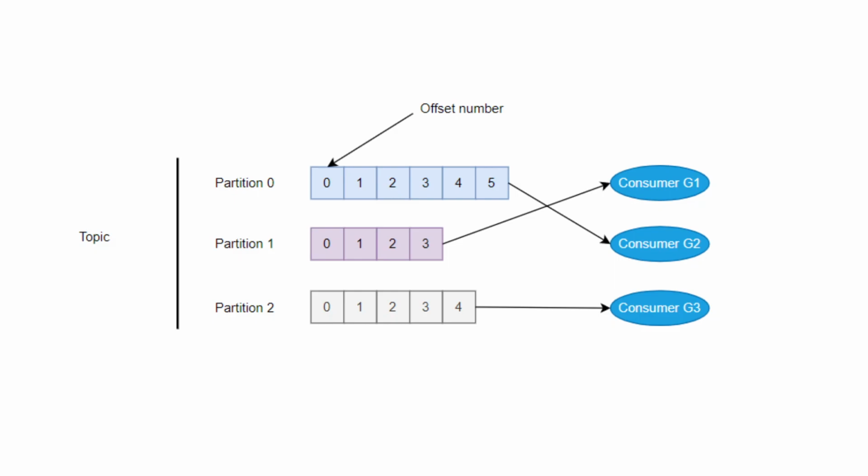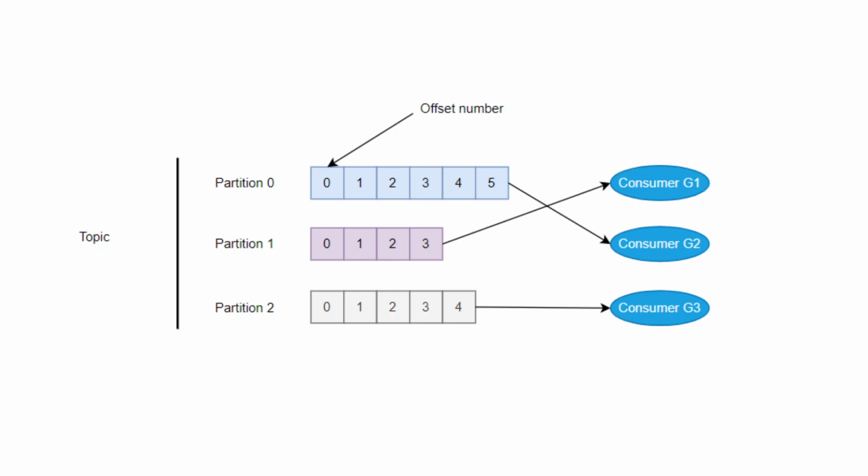Now we can have multiple consumer groups listening to the same topic, and the data that is published into the topic will be read by all the consumer groups. But within a consumer group, the data read by a consumer will be unique. This is what this picture tries to show: for consumer group XYZ, let's say it has three consumers.